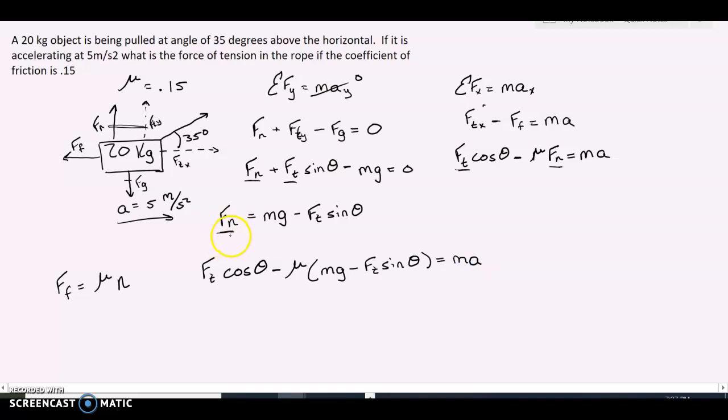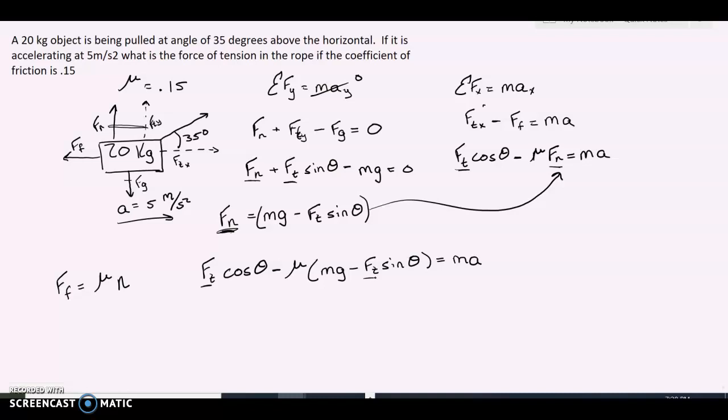See, all I did here is I just put this force normal, put some brackets around it, and put it right there. So here I see we only have one unknown now. So let's put in some numbers and see what we get.